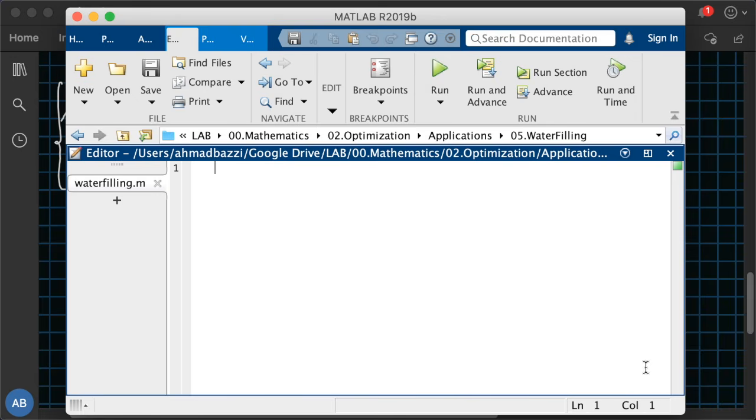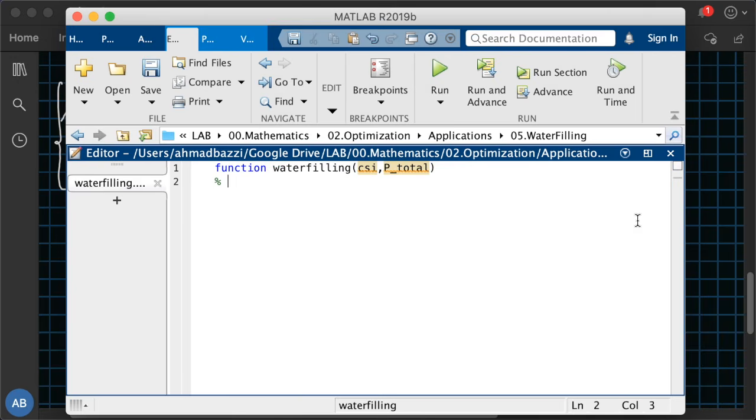Okay? So I've got a script called water filling, an empty script on MATLAB. So I'll create a function called water filling, in which I'll pass it some CSI information, so the vector of CKs, and a P total.